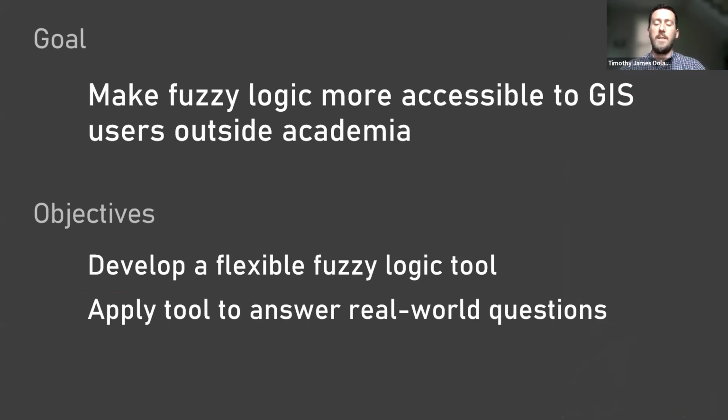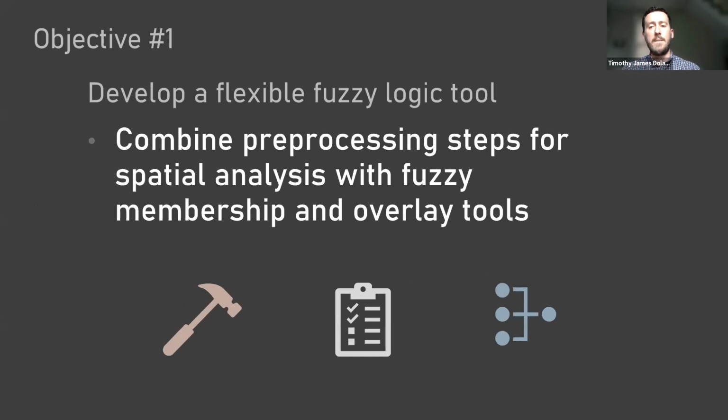My overarching goal was to make fuzzy logic more accessible to GIS users outside academia, to users and organizations like my previous employer. My objectives to accomplish this goal were to develop a flexible fuzzy logic tool and then apply this tool to answer real-world questions that relate to my work and similar but often different questions colleagues of mine may also face. The flexible tool combines the pre-processing steps necessary for spatial analysis with fuzzy membership and a final overlay.